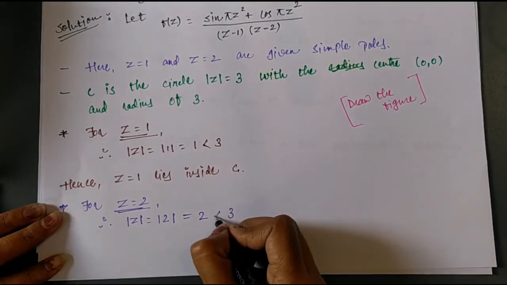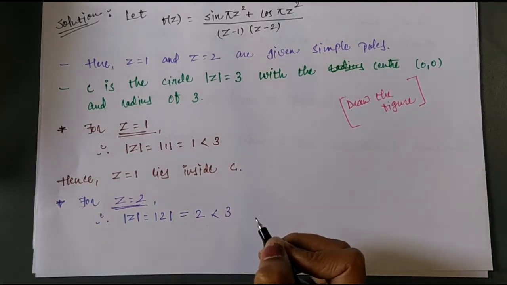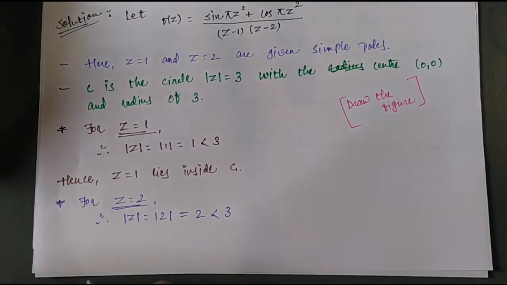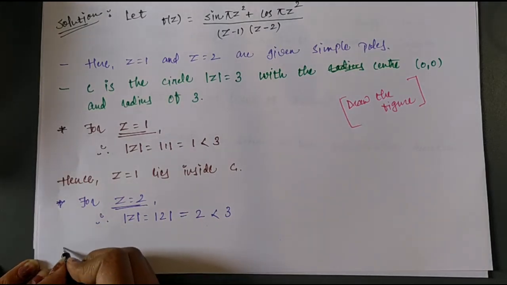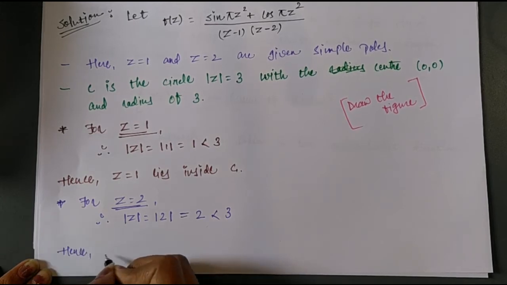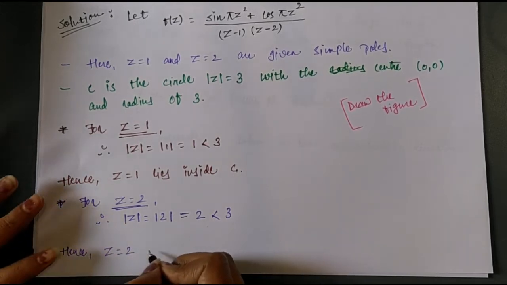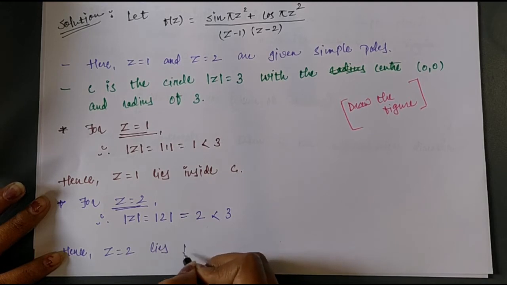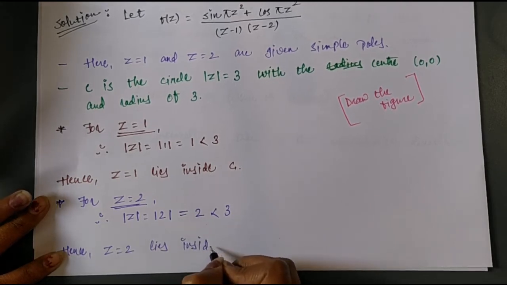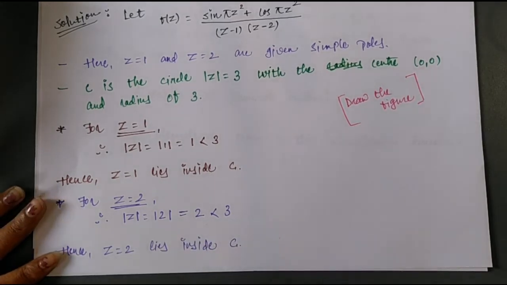Definitely it will again be less than 3, that is, 2 also comes inside 3. So again in which part will it be found? In the inside part. So hence z equals 2 lies inside the C.